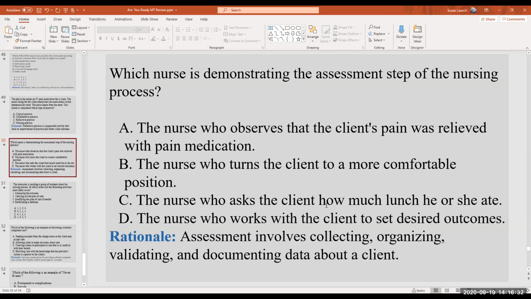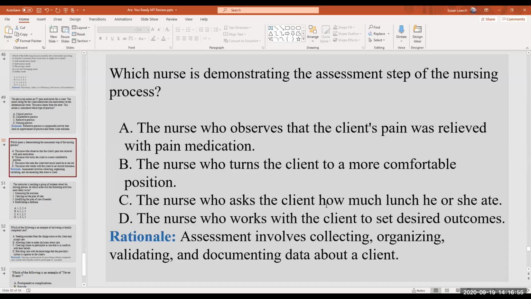Okay, when you ask the client how much lunch he or she ate, you're doing an assessment and collecting data about that assessment. The nurse that works with the client to set desired outcomes is planning. Assessment. So we're collecting, organizing, validating, and documenting data.